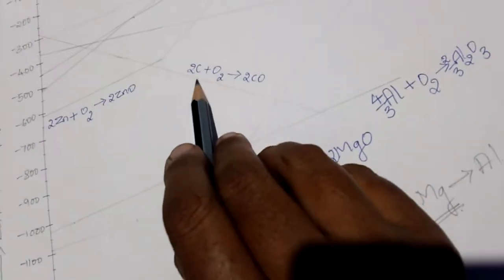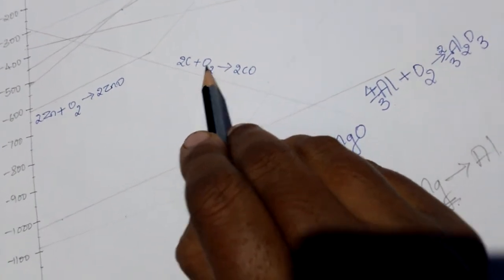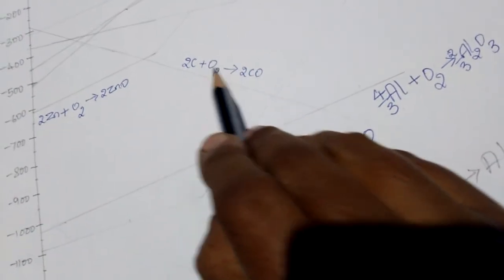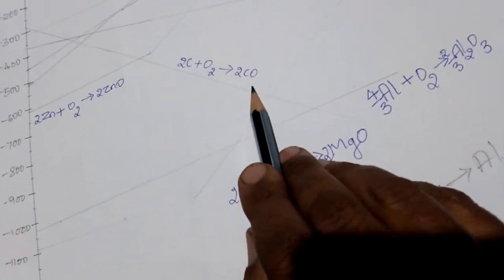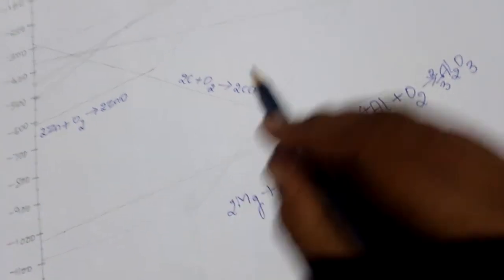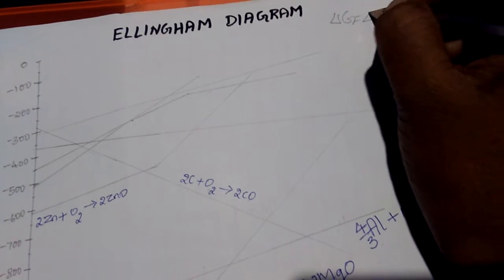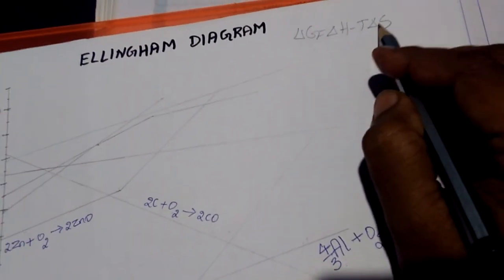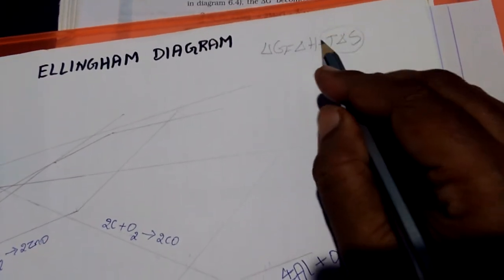The reason is, 1 mole of oxygen is converted to 2 moles of carbon monoxide, meaning the entropy of the system is increasing. I repeat, entropy of the system is increasing. If you remember the equation, delta G is equal to delta H minus T delta S. So as entropy is increasing, the minus T delta S value will increase.